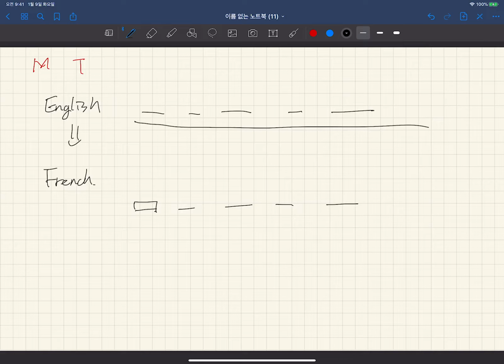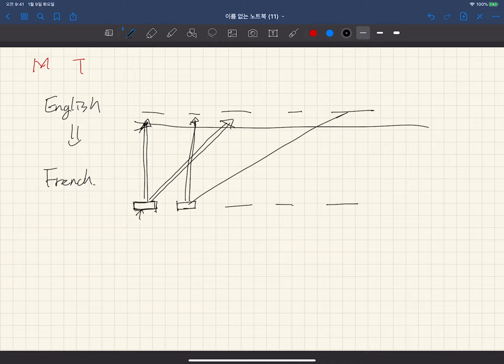When you find the first French word, you usually focus on the first word of the English sentence. And sometimes some other English words are also useful to pick the right French word. The second French word maybe depends on the second English word, or some last English word in some cases.